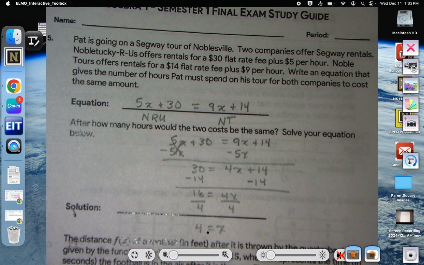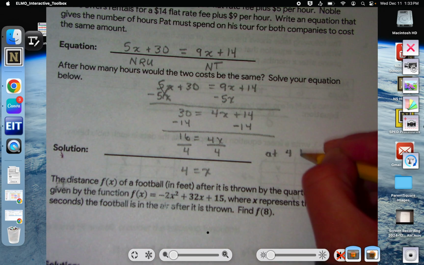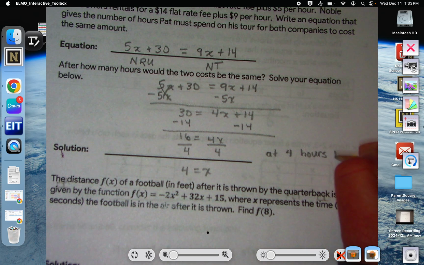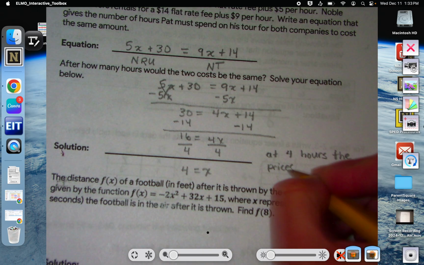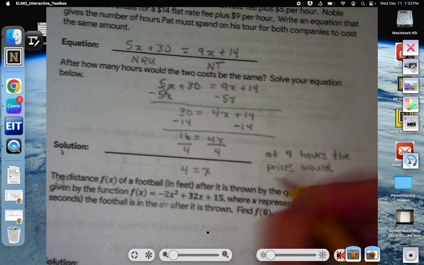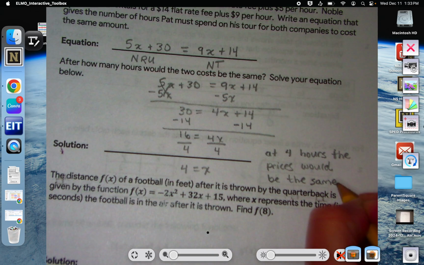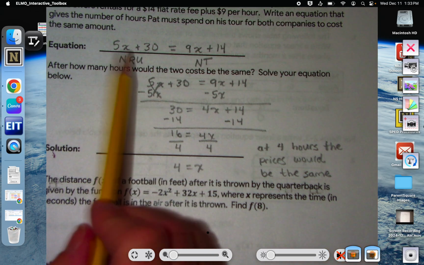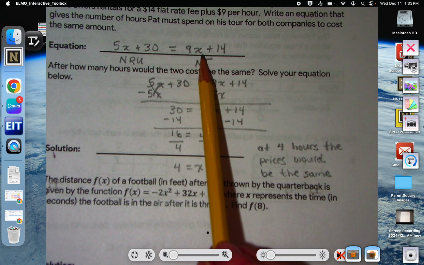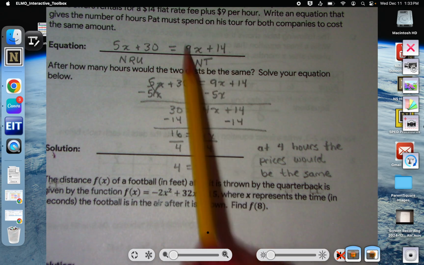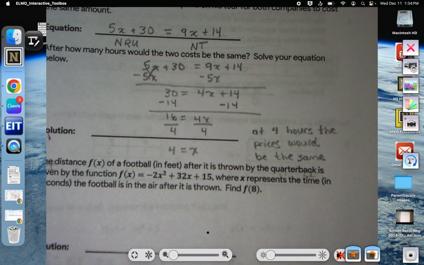So that tells me that at 4 hours, the prices would be the same. Right? So 5 times 4 is 20 plus 30, that would be $50 here. 9 times 4 is 36, plus 14 would be $50 there. So that's how I know that at 4 hours the prices would be the same.